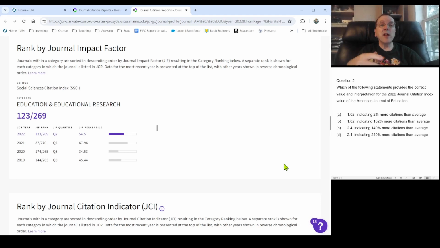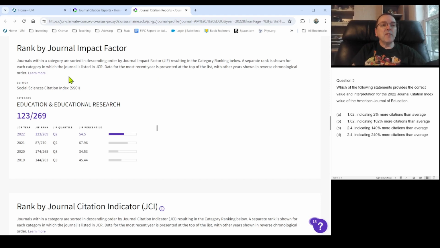They can be ranked based on their impact factors or based on their citation indicators. And what this does is it looks at all the journals within one of those disciplines or areas, in this case the categories education and educational research, and ranks them. When we're looking at the rank by journal impact factor, it gives you a sense of where the journal is in those rankings.